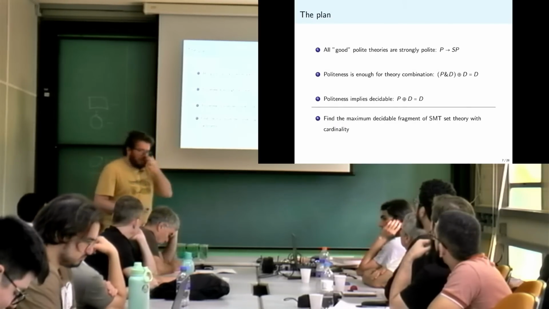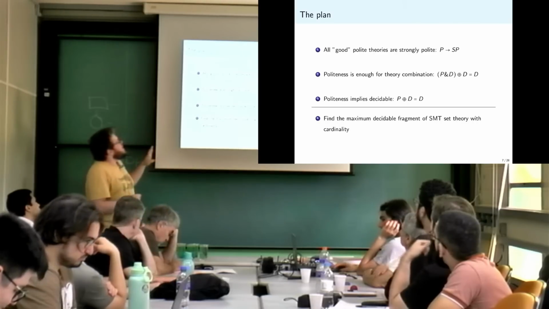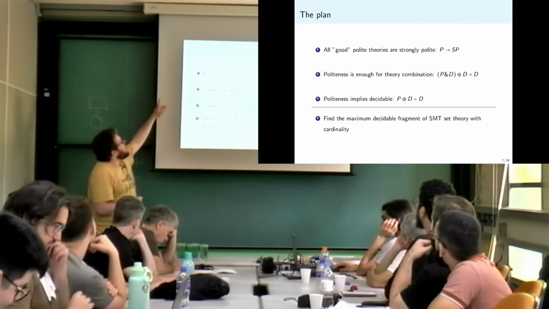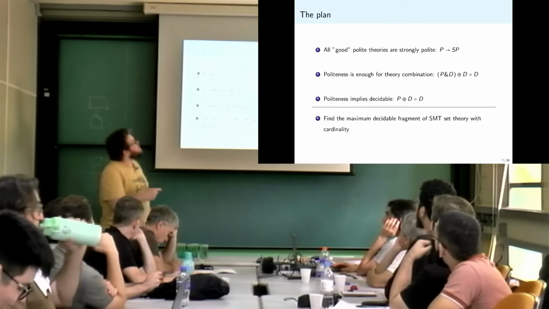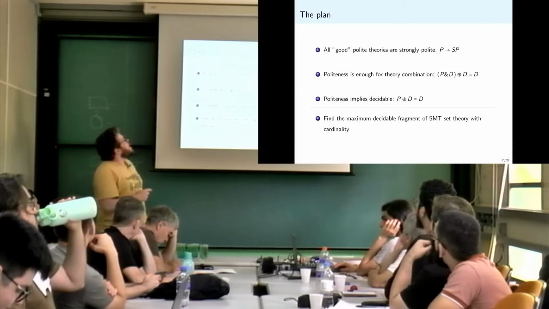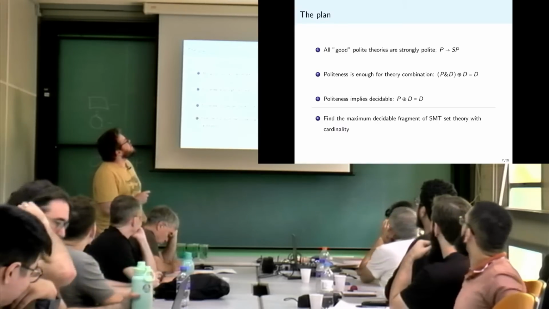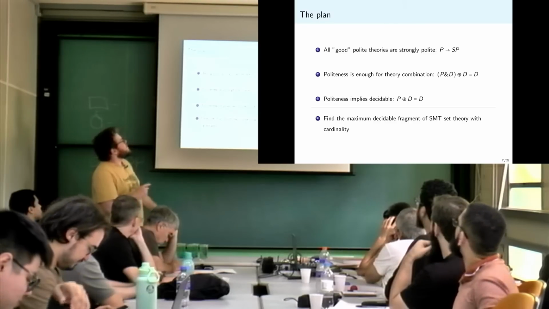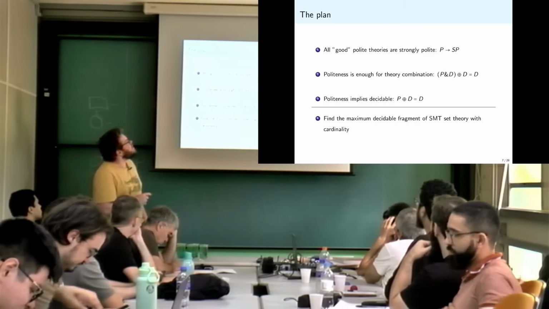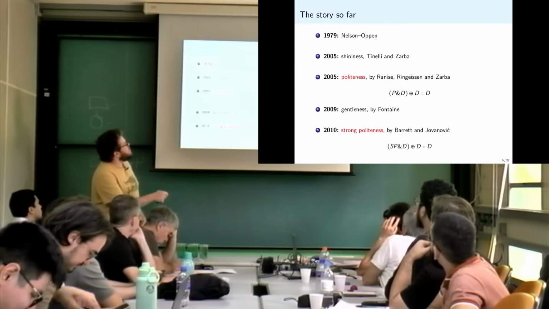So, when I started my postdoc, just to tell a little story, my PI, Yoni Zohar, gave me 4 problems to work with. Well, first of all, we want to prove that all polite theories are strongly polite. This will imply that politeness is enough for theory combination because of these results here.